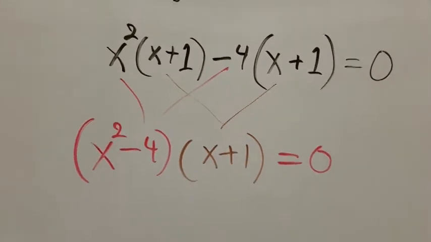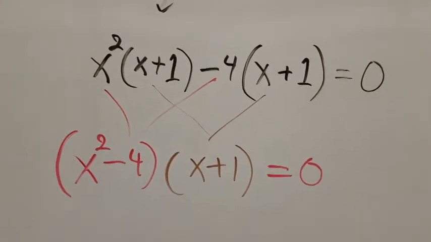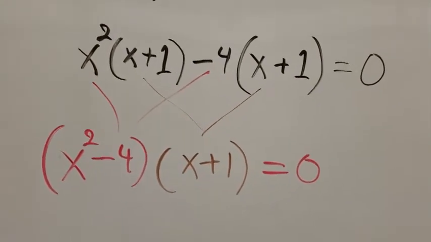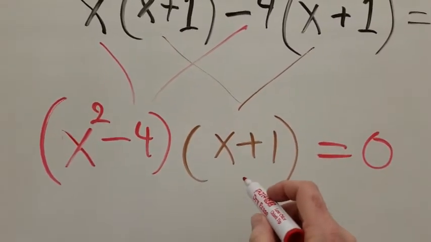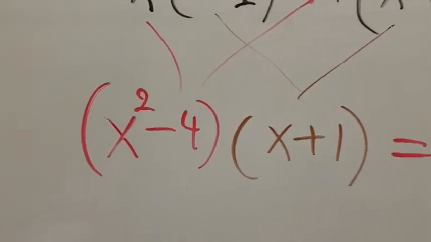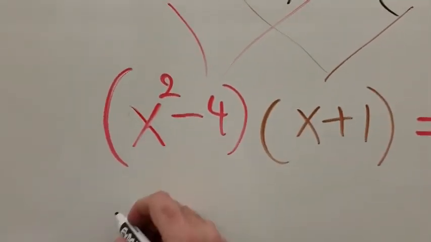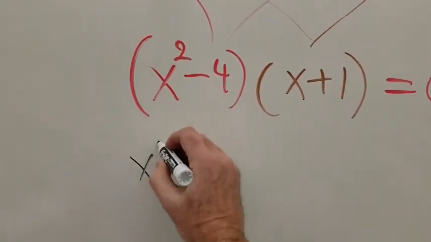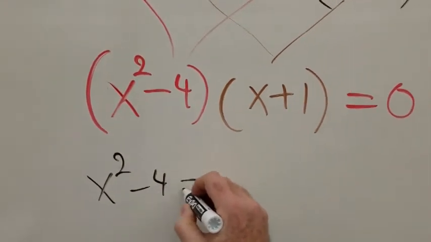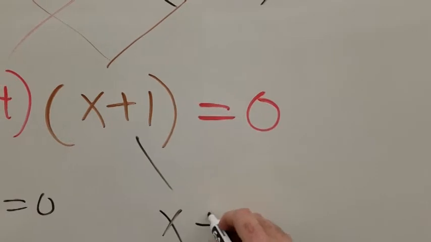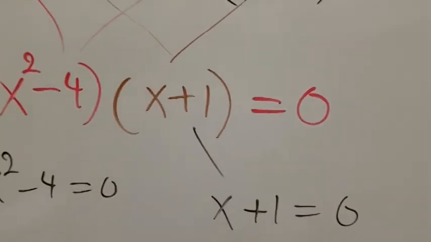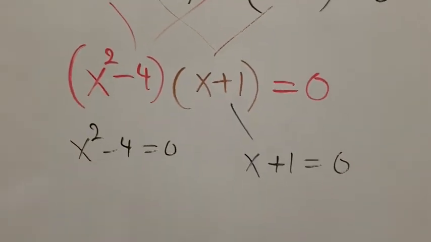So we've factored by grouping now, and we're at the point where either this can equal 0 or this can equal 0, and we'll get our answer. So let's set this one equal to 0, and let's set this one equal to 0. Now what to do is just solve these two to get our answers.